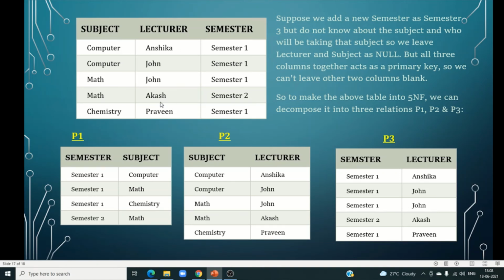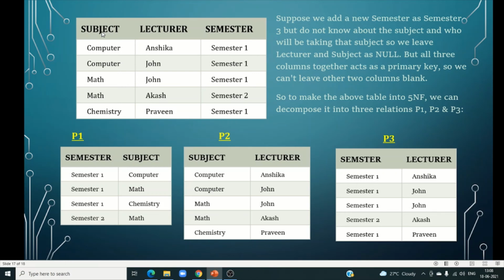If we want to add a new semester, semester 3, but do not know about the subject, that is, up to now there is no assignment of which subject is taught by which lecturer.